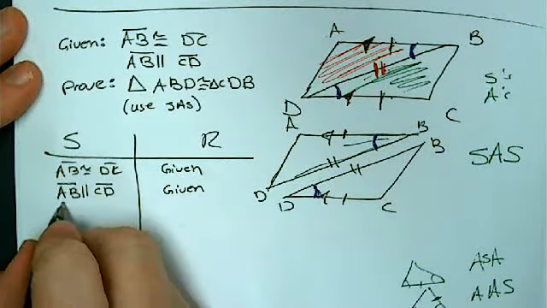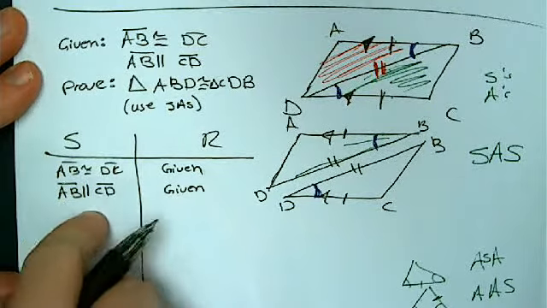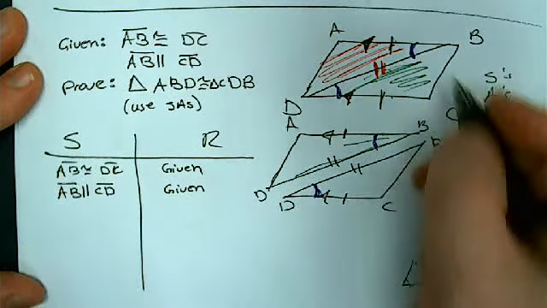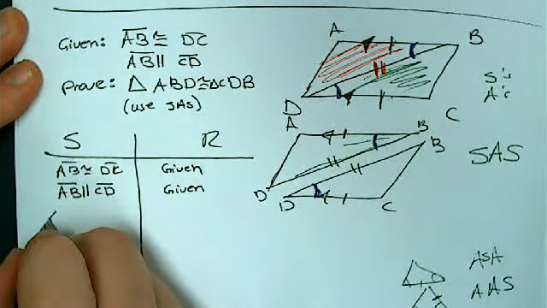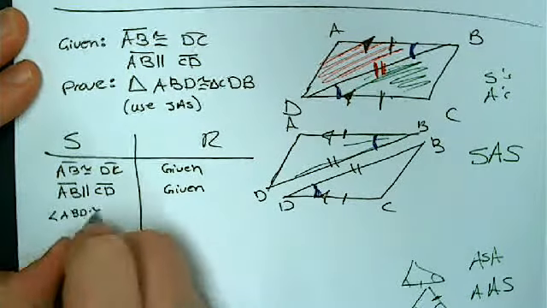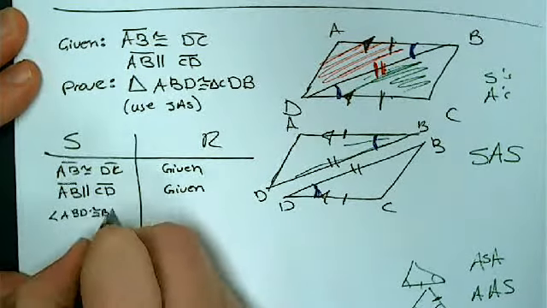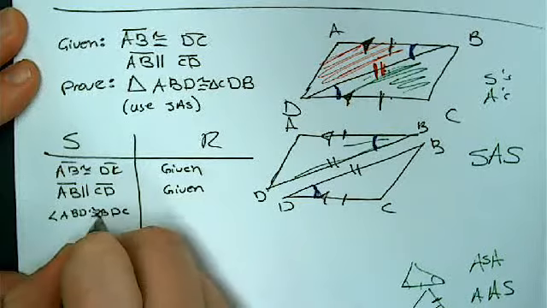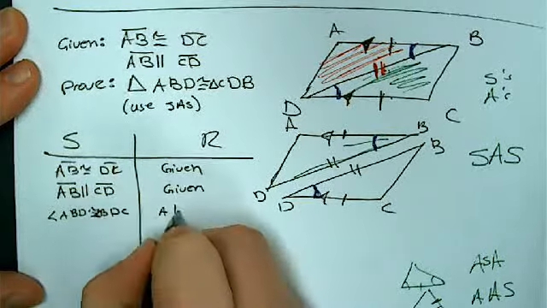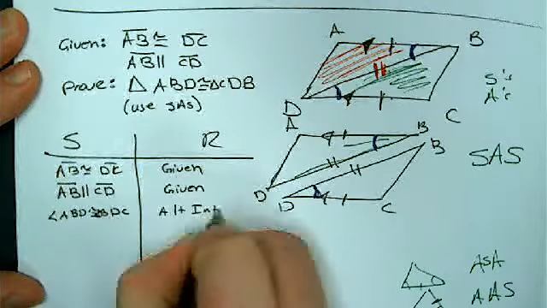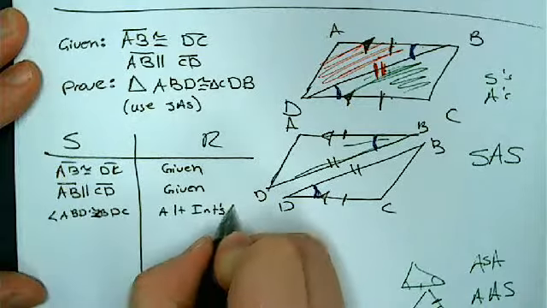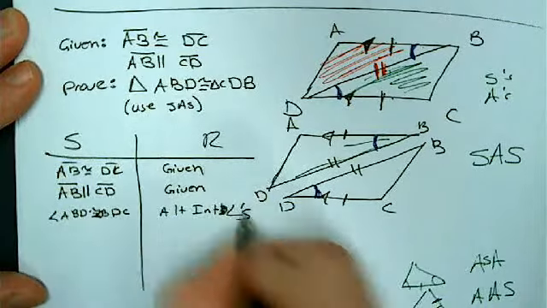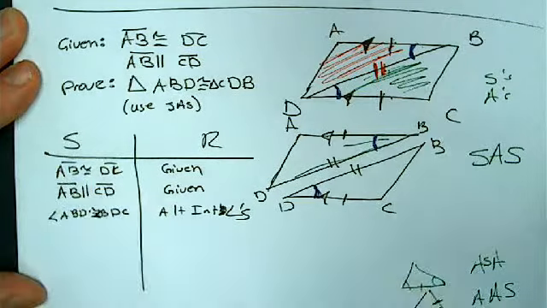All right, so we said parallel. From parallel, we talked about the fact that I've got these angles congruent. So angle ABD is congruent to angle BDC, because they're alternate interior angles. That comes from the lines being parallel.